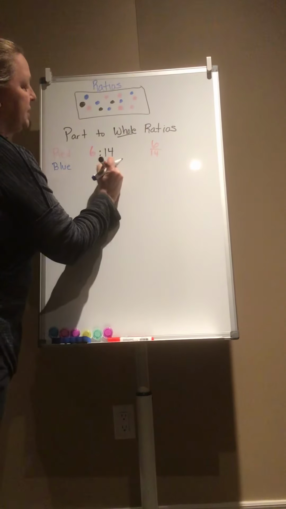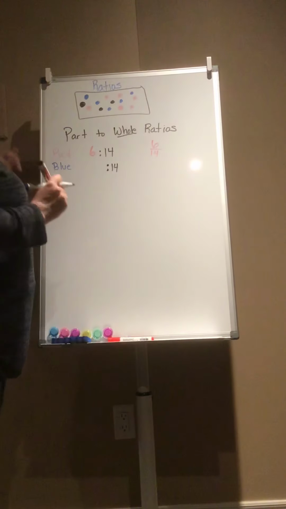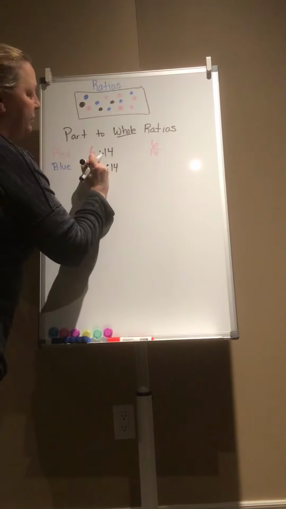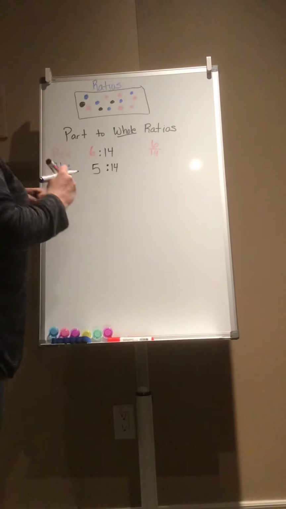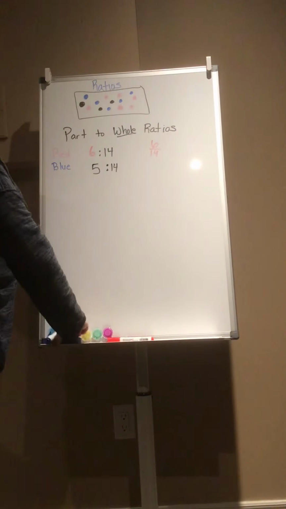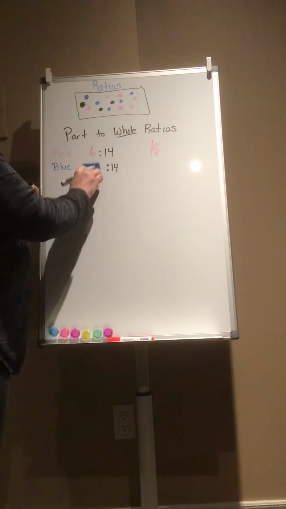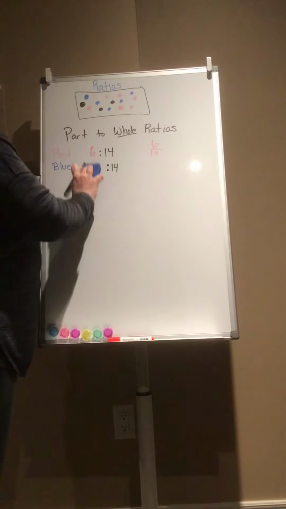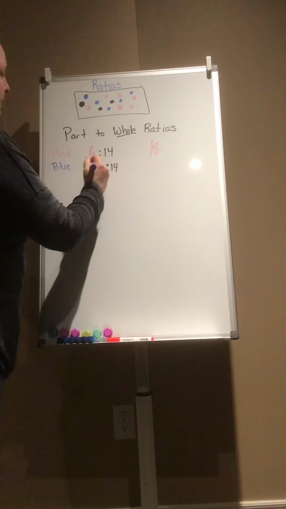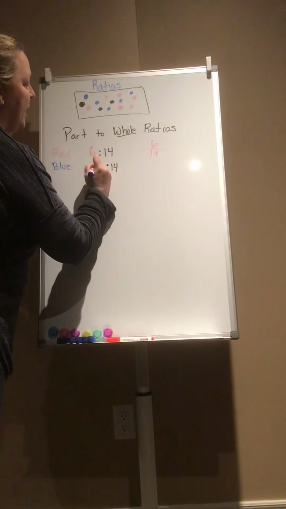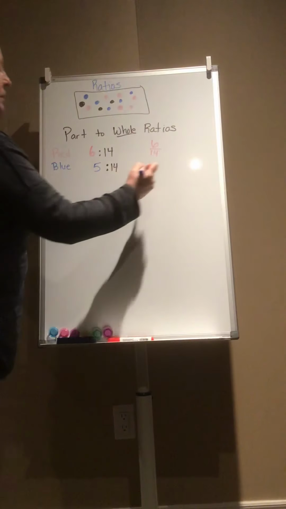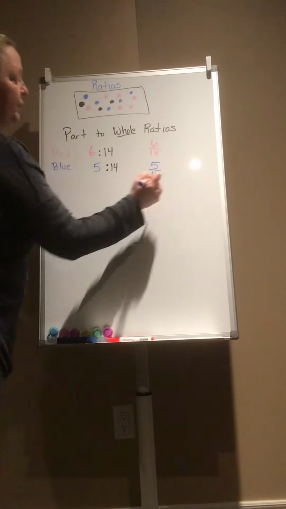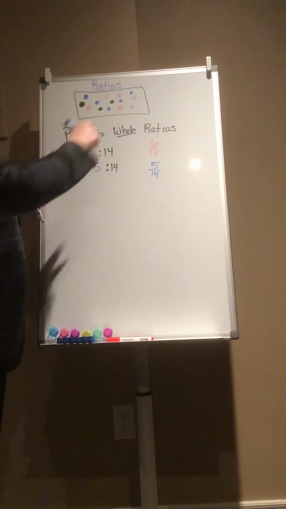I still have 14 balls, but I have 1, 2, 3, 4, 5 blue ones. And I can write that, I guess I'll keep my color coding going here, as 5 to 14, or again as a fraction, 5 over 14. So that's part to whole ratios.